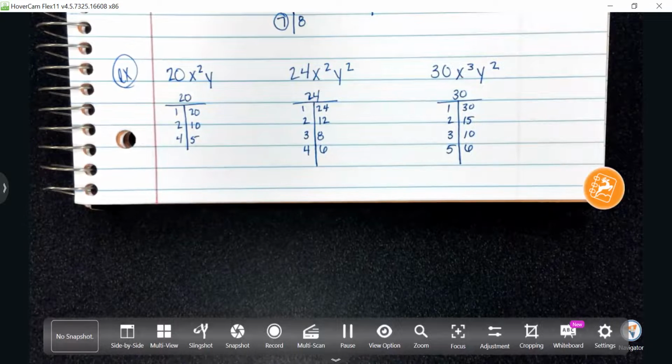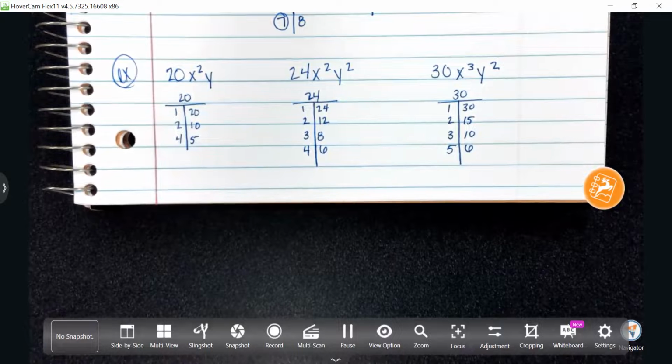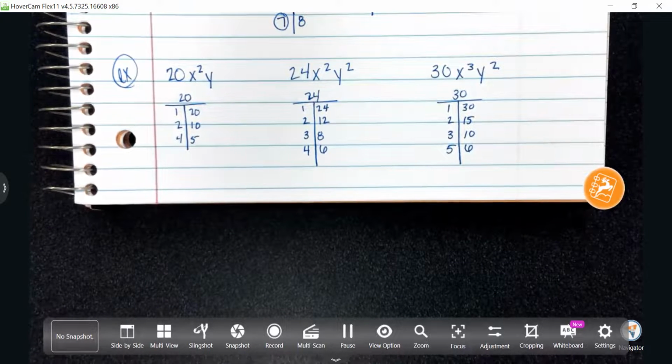So if I have a 2 on this side and a 2 on this side, they're still the same number. So yes, you are correct. All right, does everybody have our numbers? We need one more minute.